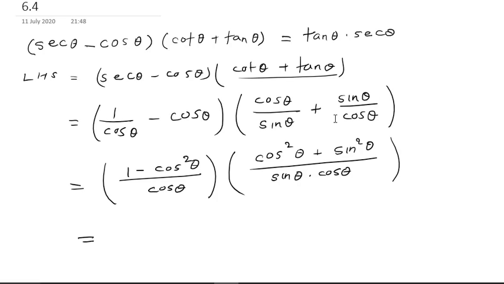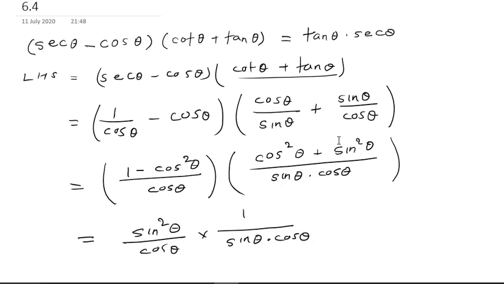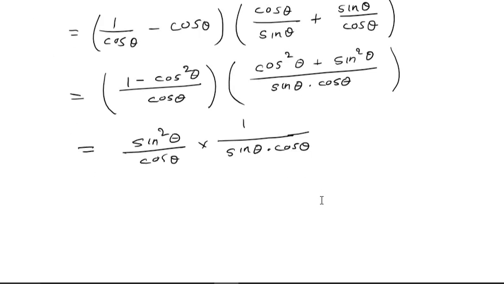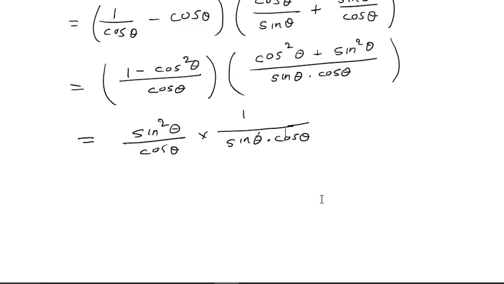Now what is 1 minus cos square theta? 1 minus cos square theta is sin square theta. So this is sin square theta upon cos theta, into cos square plus sin square, which is 1, so it is 1 upon sin theta into cos theta. Now this sin theta will cancel with this power.